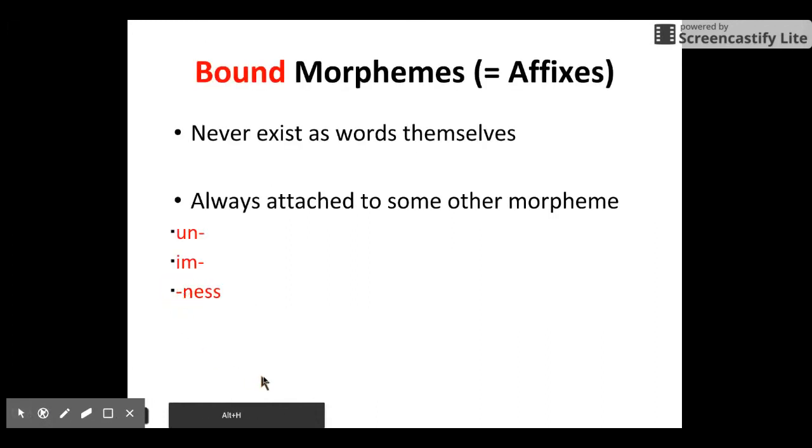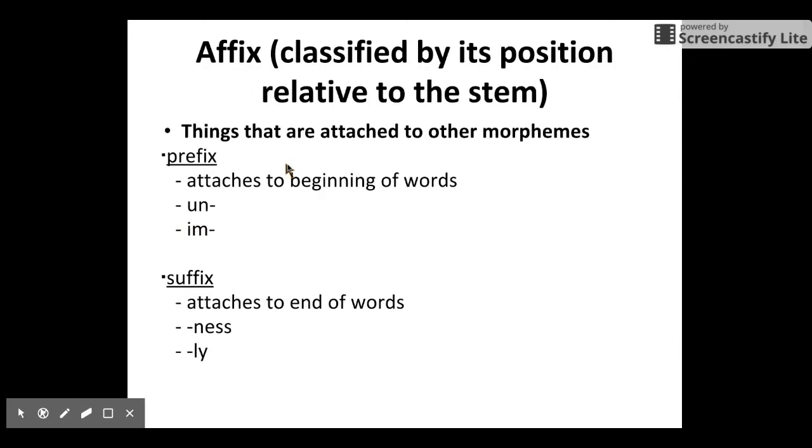Let's go back a little bit. Bound morphemes are those morphemes that never exist as words themselves. They have to attach to some morpheme. So we can classify affix by its position relative to the stem.